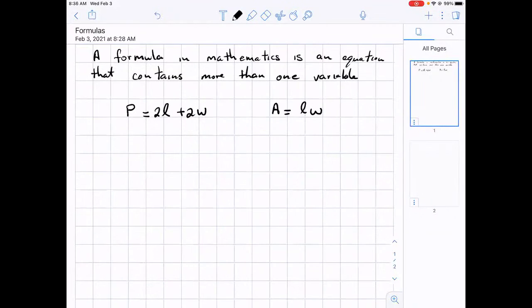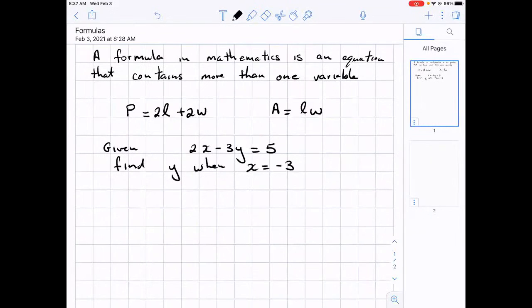Now, to begin to work with formulas, you have sort of done some of this before in the sense that if you were given a numerical equation, okay, let's say you have 2x minus 3y is equal to 5, and you're asked to find y when x is equal to negative 3.